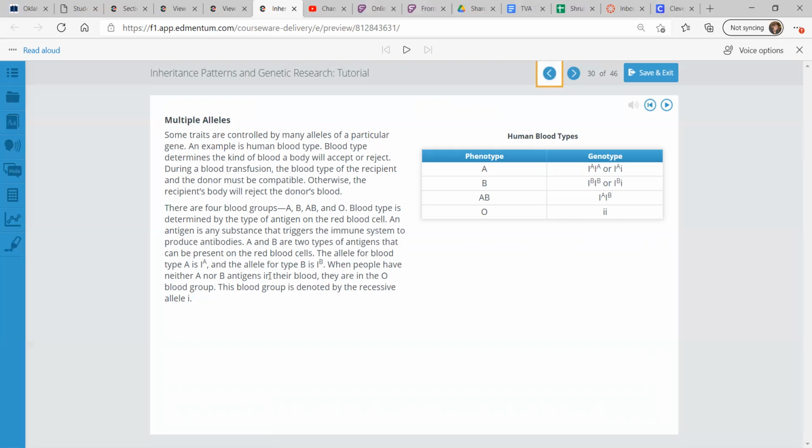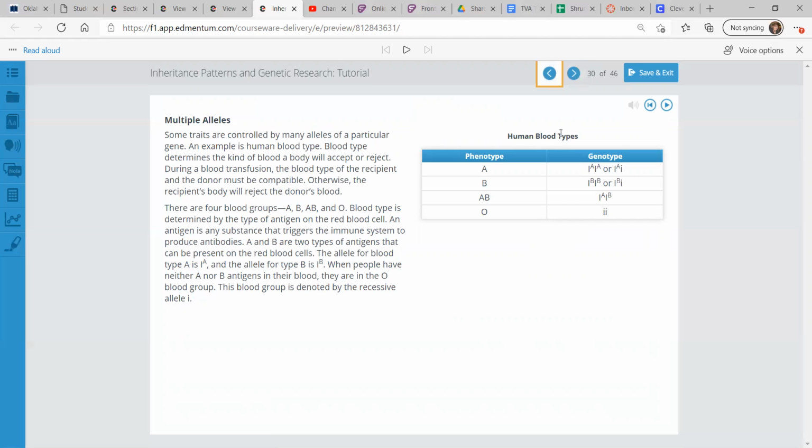A and B are 2 types of antigens that can be present on the red blood cell. The allele for blood type A is IA, and the allele for type B is IB. When people have neither A nor B antigens in their blood, they are in the O group. This blood group is denoted by the recessive allele i.